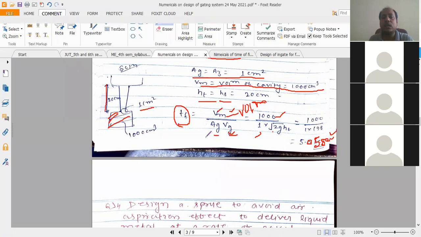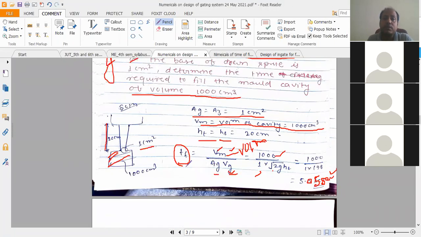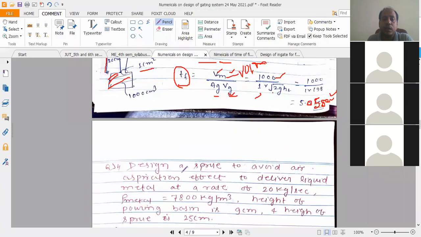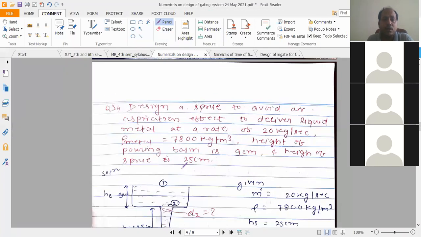So this one is the type of question for the filling time, and it is also a very important question which the university will ask, on how the time of filling is calculated through the formula. Now the another important question for the sprue design.